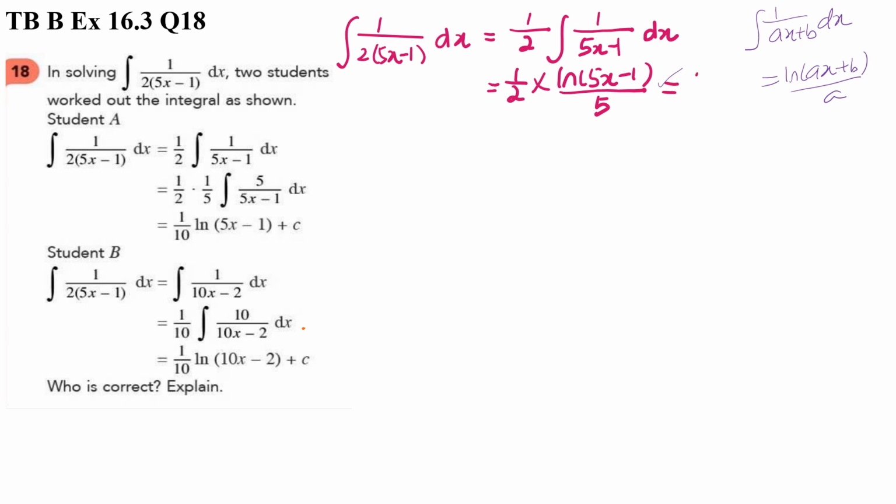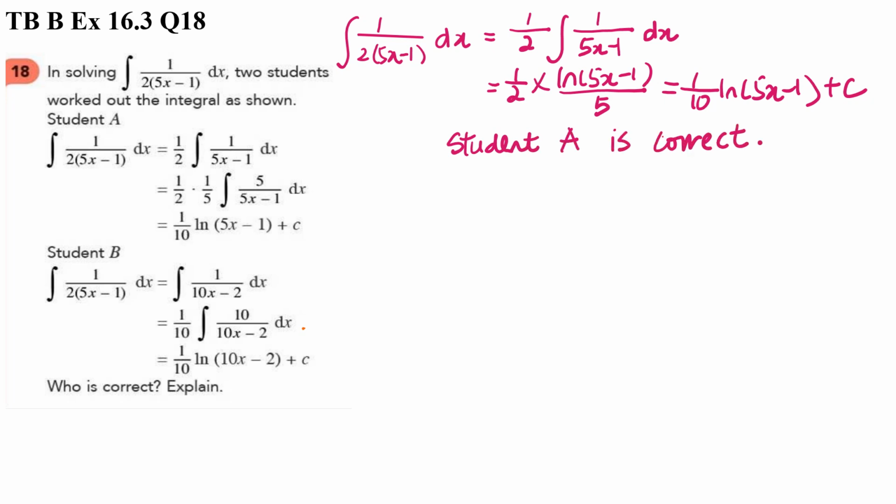And then I can just multiply the numerator and the denominator to get 1 over 10. 5 times 2 is 10. All right. So if you look at student A, that's exactly what student A has done. So student A has not done anything that's wrong.